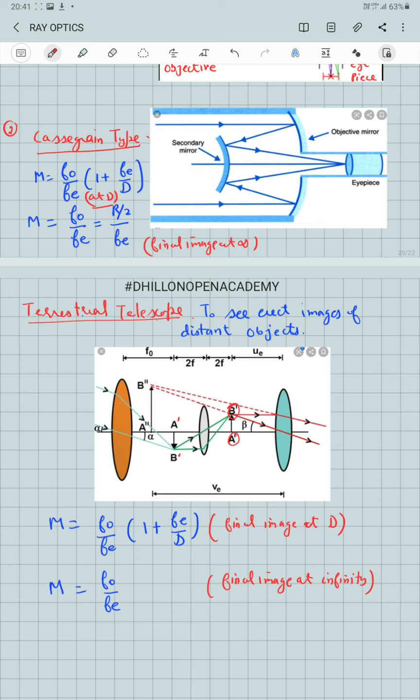So in this case, the magnifying power will be f naught over fe (1 plus fe over d) for the final image at the least distance of distinct vision, or m is equal to f naught over fe for the final image formed at infinity.